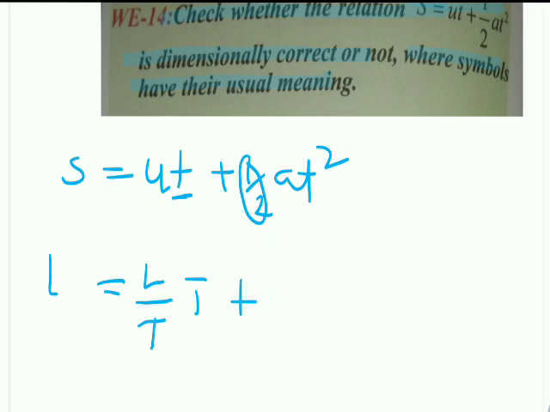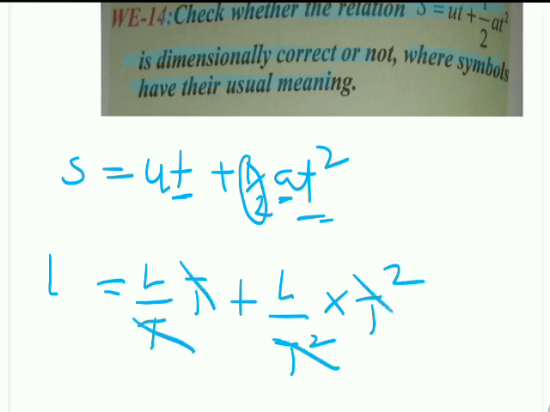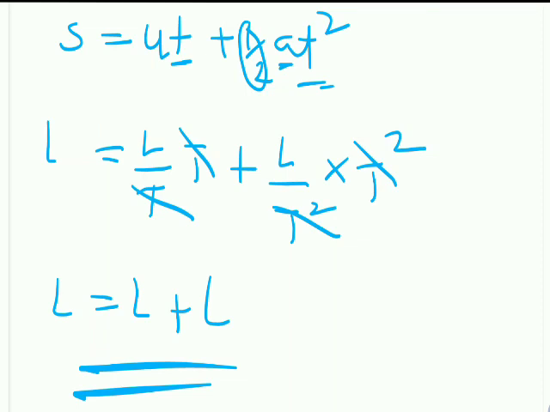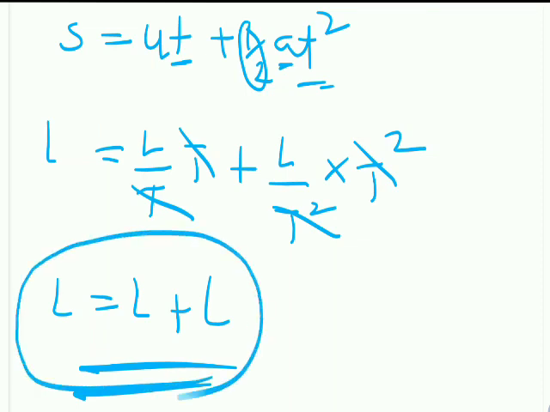Next one, A acceleration L T square, as usual T square, so T cancel, T cancel. Now L is equal to remaining L plus L. So all dimensional formulas are the same.